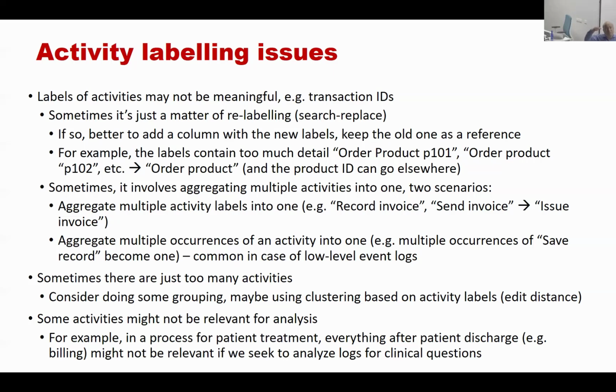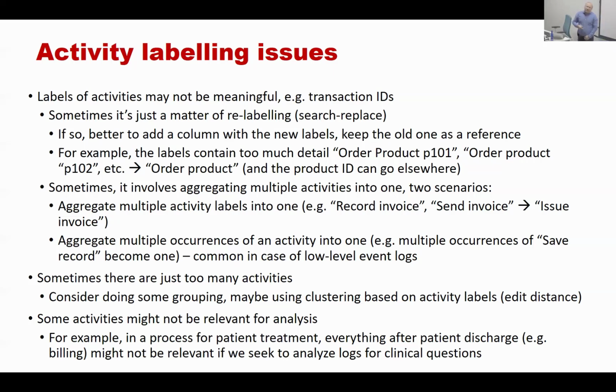And you can maybe from there identify a grouping of low-level activities into higher-level activities that is more meaningful to end users. Because, of course, you want the labels that are displayed on your process maps to be meaningful to business users. That's the whole purpose of it.